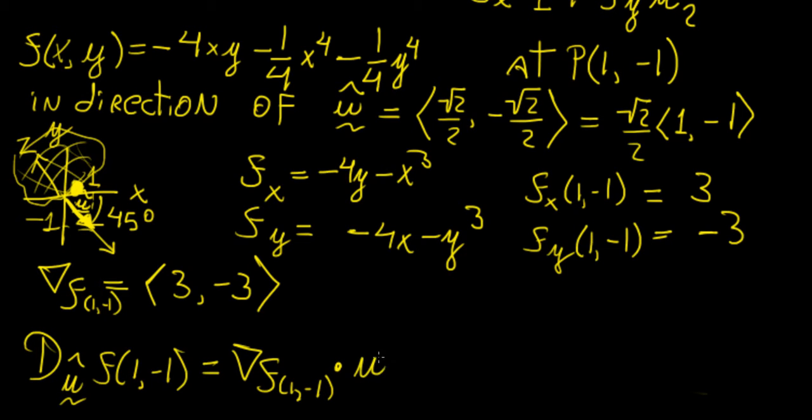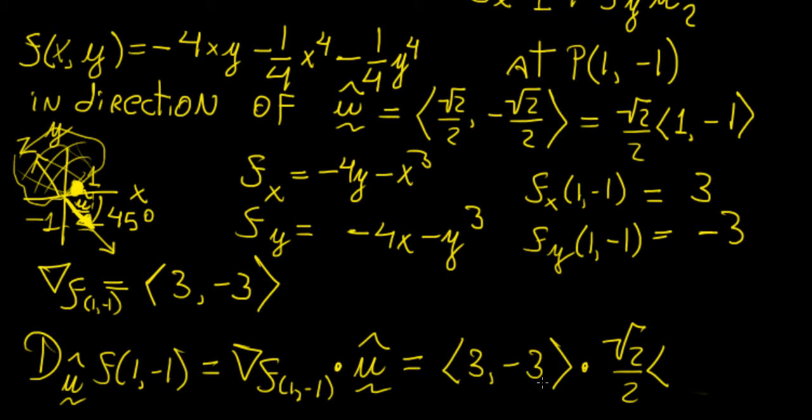dot product with u, and that's going to be equal to (3, -3) dot product with root 2 over 2. Remember, that's a constant, so that just gets carried out with the calculation. And then we have (1, -1).